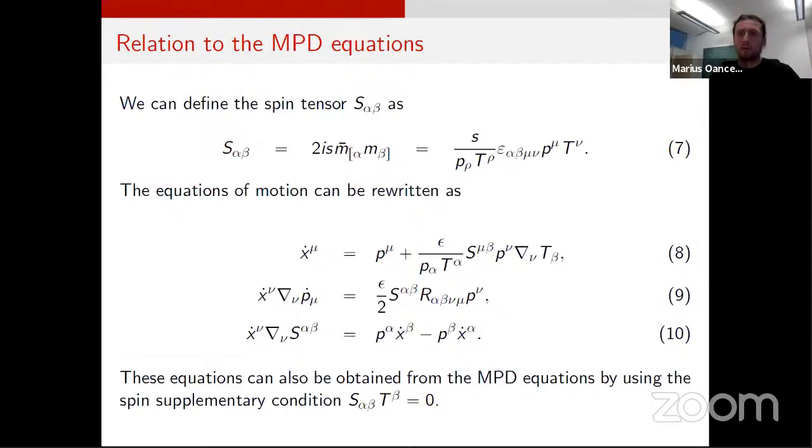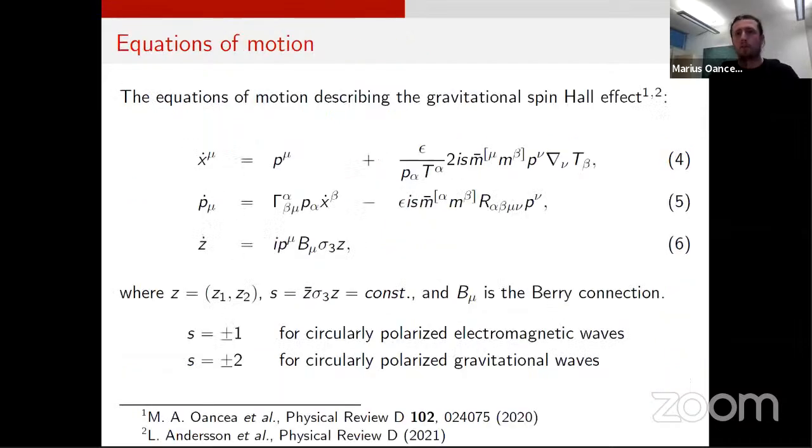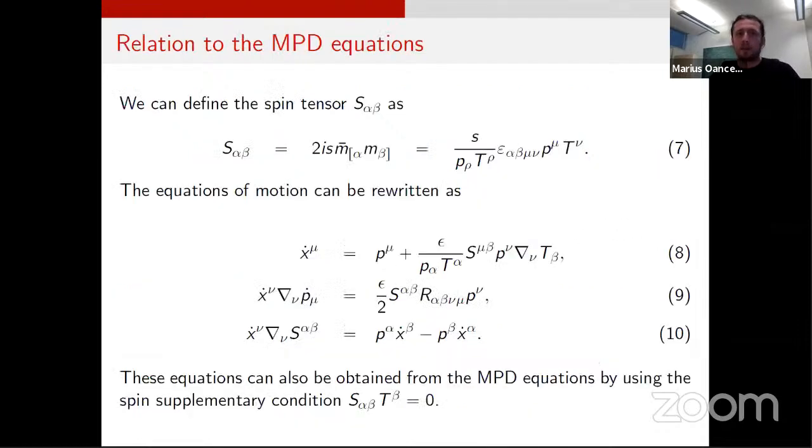Yeah, so we're doing the WKB, we're deriving the equations over here that you see in 4, 5, and 6. And by just rearranging the terms afterwards and defining the spin tensor as over here, we obtain this form of the equation, 8, 9, 10.